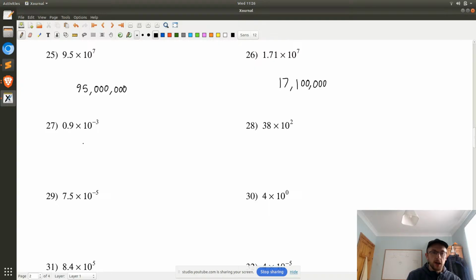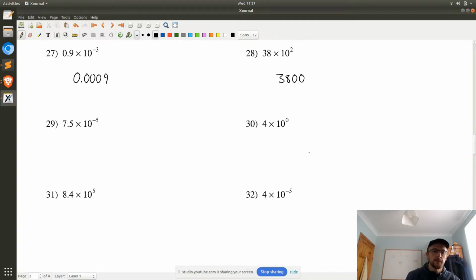Divide by 1,000, so introduce an extra 3 zeros, just like that, and times by 100 to get 3,800. And now divide by 100,000. Introduce 5 more zeros than what we can see. So 0.00075. And here, this will just be 4.